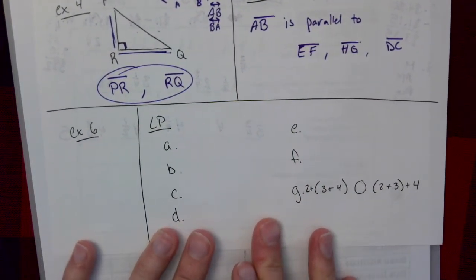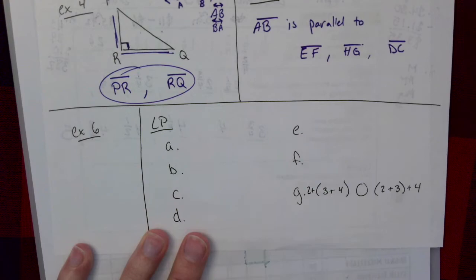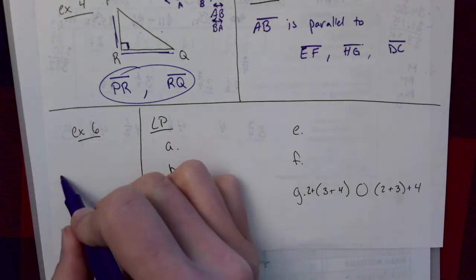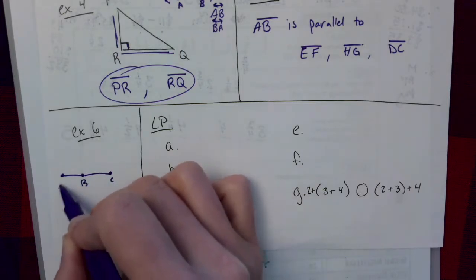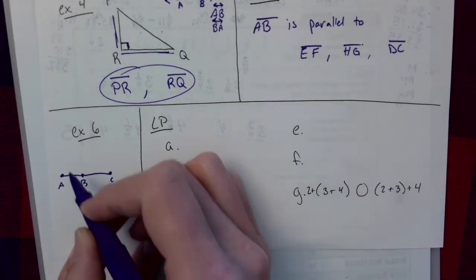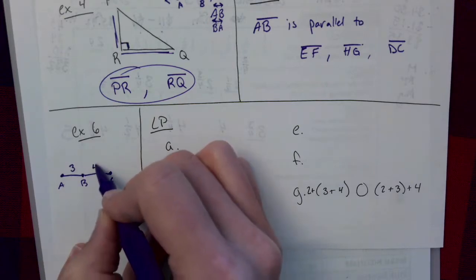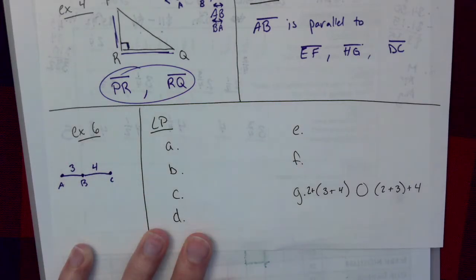Example 6, the length of AB is 3 centimeters. The length of BC is 4 centimeters. What's the length of AC? We have A, B, C. AB is 3 centimeters. BC is 4 centimeters.